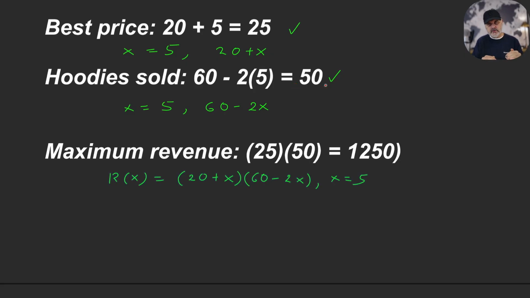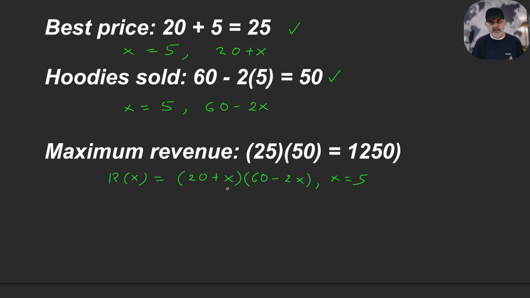So we would reduce the number of sales by increasing the price, and still that's the optimum value. This is the location of the vertex. So your parabola is opening down, and the vertex is located, and the value of the vertex is 1250, and the price value is 25, and the number of units sold is 50.